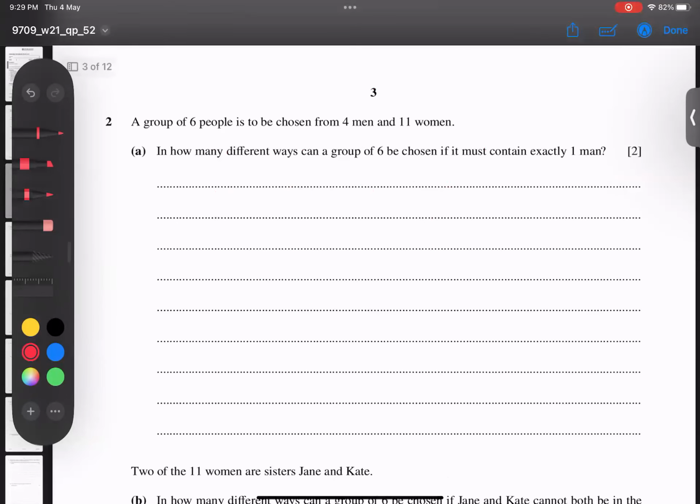Question number 2. A group of 6 people are chosen from 6 men and 11 women. Whenever "chosen" comes, it means combination. How many different ways can a group of 6 people be chosen if it must contain exactly 1 man?